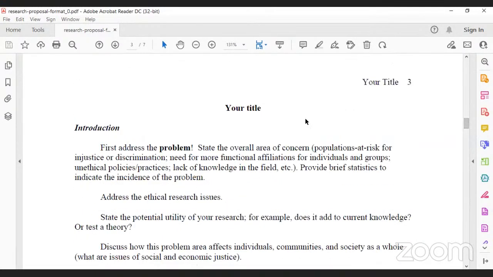Now in the research proposal, you would be writing your title, and then the introduction. First address the problem: state the overall area of concern, population at risk, injustice, and need for more functional affiliation.